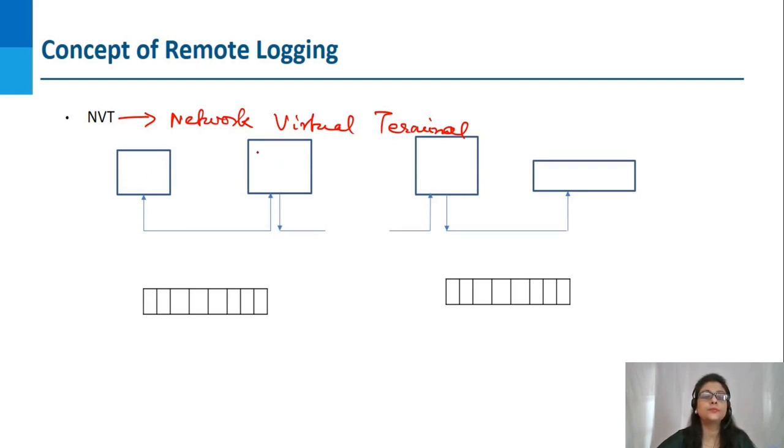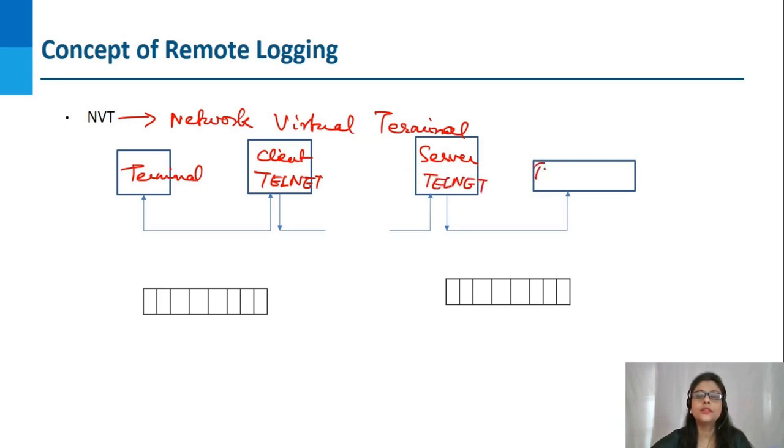So this is the client, this is the server, this is the terminal, and this is the pseudo terminal. So this is the character set of the local computer.